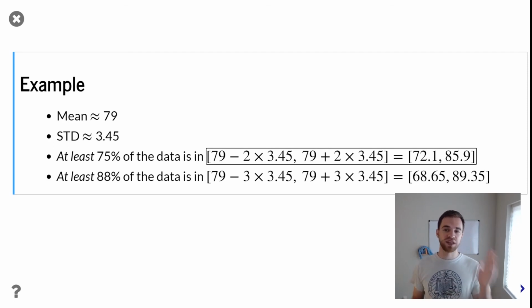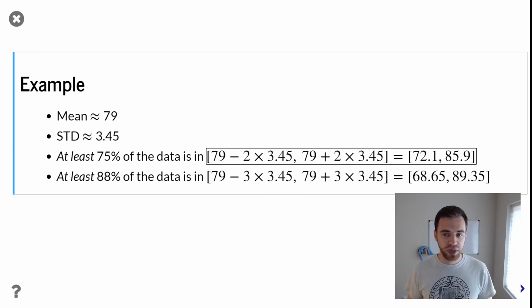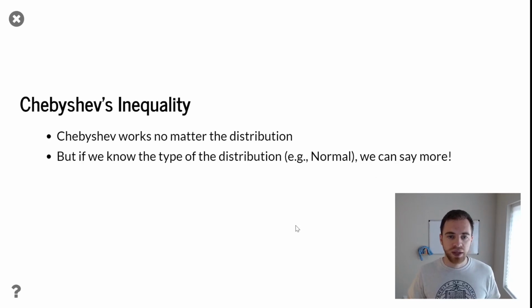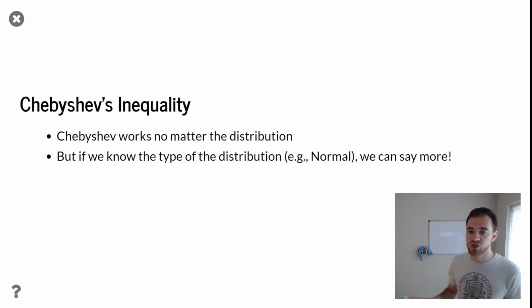That gives me the interval 72 to 85. Chebyshev says at least 75% of the players have a height in this interval. And then it says at least 88% of the players have heights within this interval, which I compute by replacing 2 with 3 here. Now, you'll notice that Chebyshev's inequality works no matter the distribution.